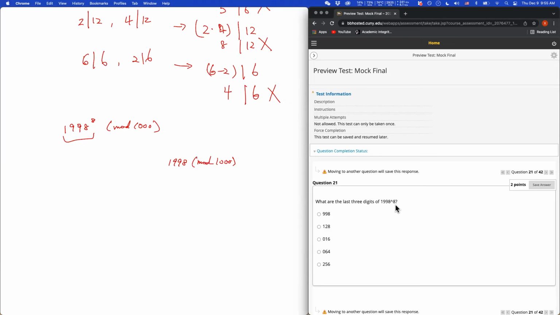If you say 998, we want any number smaller, because you don't want to compute 998 to a power, right? So it's congruent to -2.